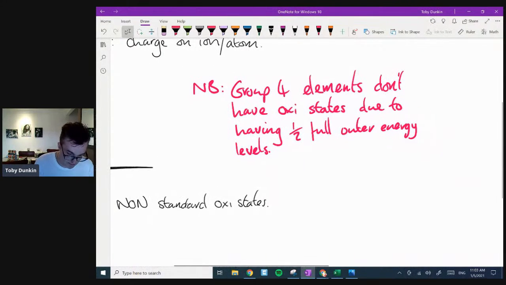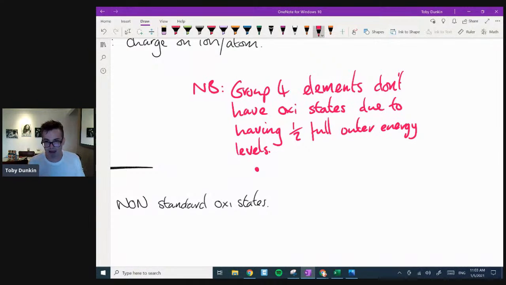Now, there's an extension to this, which is actually far more important, because in group 4, you would have to become a +4 or a -4. That would mean removing 4 electrons or gaining 4. That's just basically impossible.